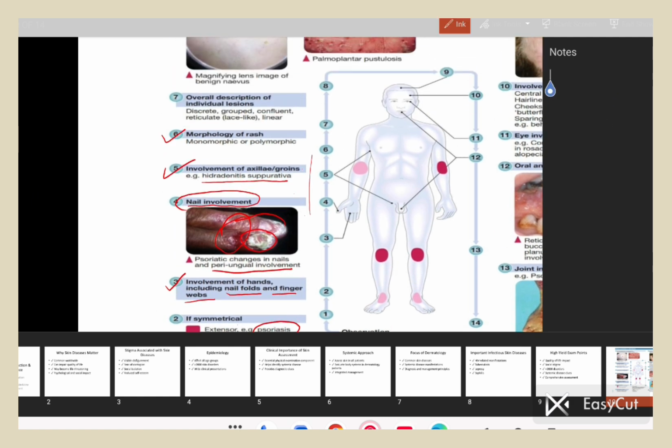Then we check the morphology of the rash, whether it is monomorphic or polymorphic. Then we check the overall description of the individual lesion, whether the lesion is discrete or grouped or confluent or reticulate, meaning lace-like, or linear pattern.